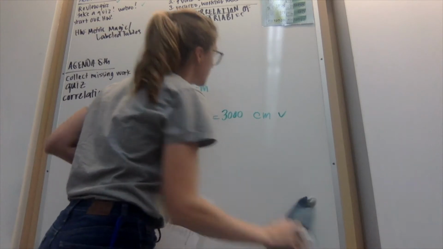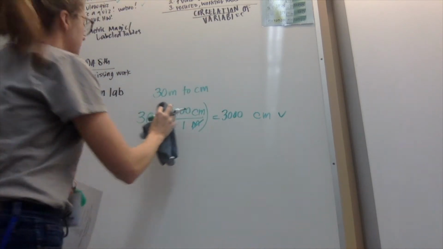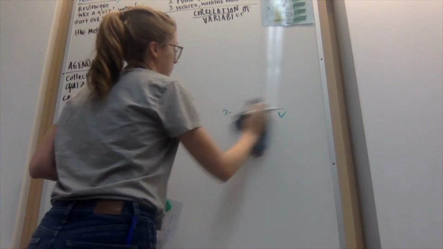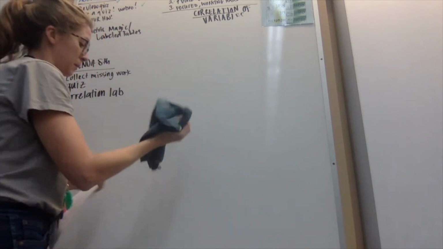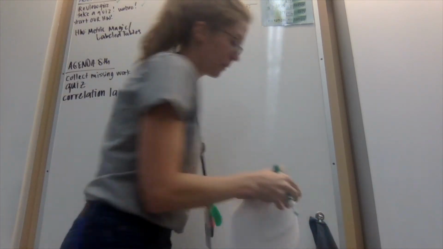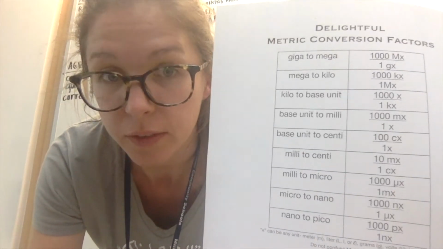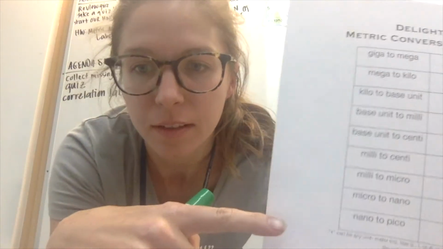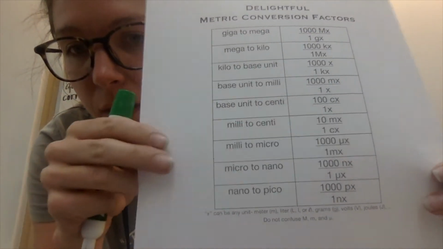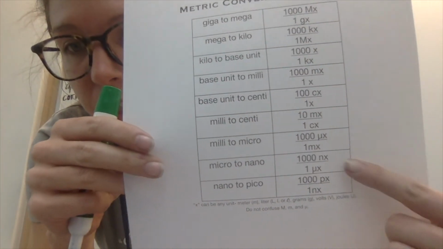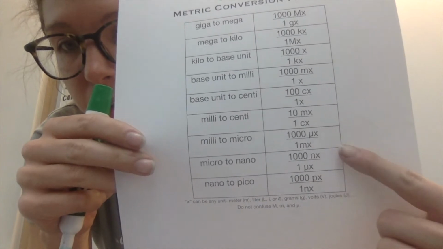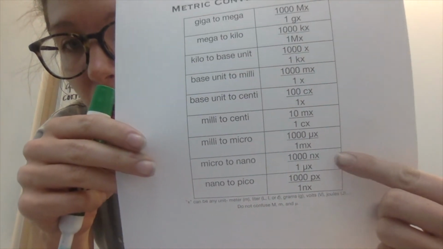Okay, moving on to something a little bit more challenging. Many of you before this class, or even in this class, haven't mastered or haven't become familiar with these metric numbers down here. And excuse my dirty nails.